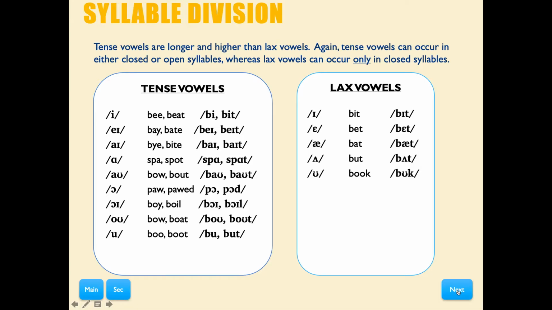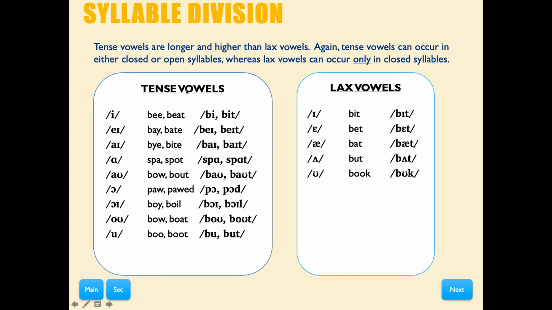Now, another difference between tense and lax vowels, phonetically, is that the tense vowels are longer and higher than the lax vowels. And again, as we said before, the tense vowels can occur in either closed or open syllables, whereas lax vowels can occur only in closed syllables. Here you have the list of lax and tense vowels with examples.